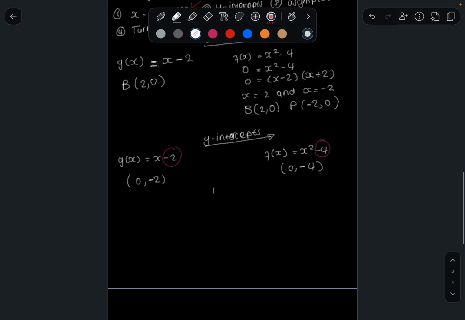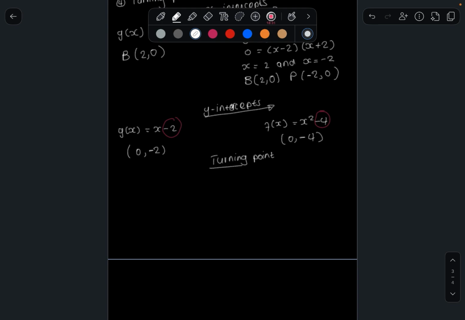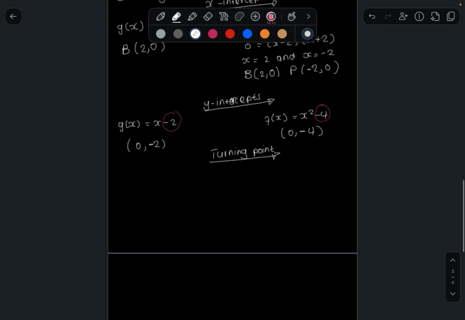A parabola has a turning point, right? Because it has a maxima or a minima, right? So for the linear, we don't have a turning point. For x squared minus 4, we're going to say x is equal to negative b over 2a. It's a formula. What's b? b is 0, negative 0. What's a? a is 1. So this is 0.